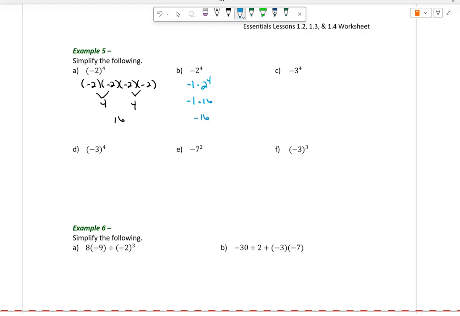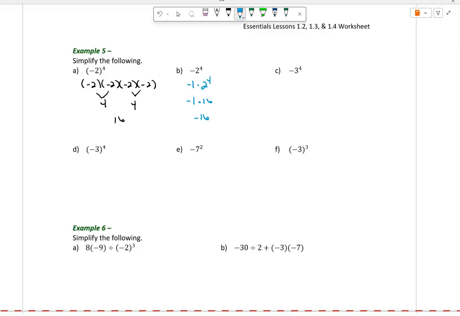Now your calculator, let me borrow your calculator. It should tell the difference. As we go there, negative 2 to the 4th, we get a positive 16, right? So a scientific calculator will know the difference.